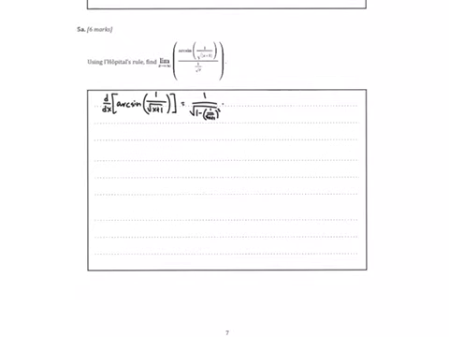And the derivative of 1 over square root of x plus 1 is going to be x plus 1 to the negative 3 halves over 2. Okay? And actually, I did goof that up too. It should be negative. So that right there is the derivative of arc sine of 1 over the square root of x plus 1.